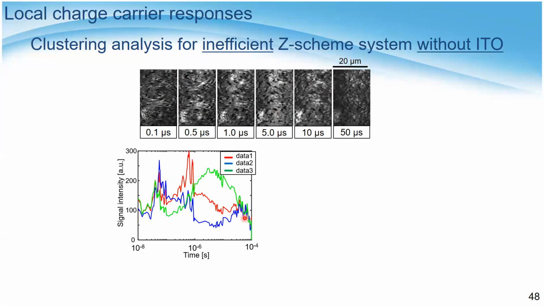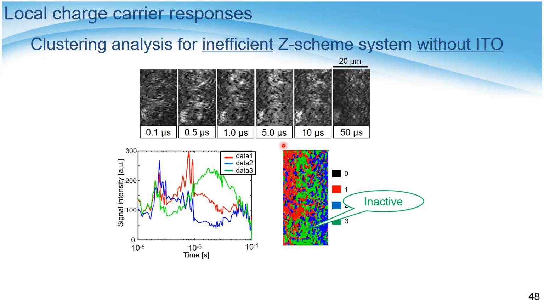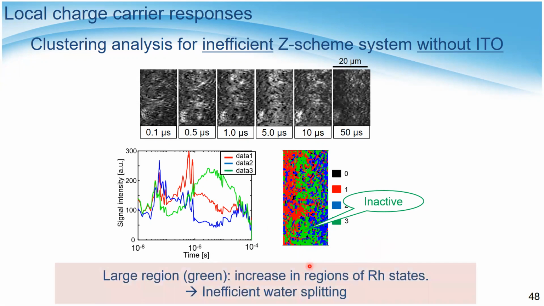However, when this is mapped out to the surface, the green region obviously increased, indicating rhodium state trapping of charge carriers. So it indicates inactive photocatalytic activity. That's why, due to the inefficient charge transfer, the reactions were inefficient.